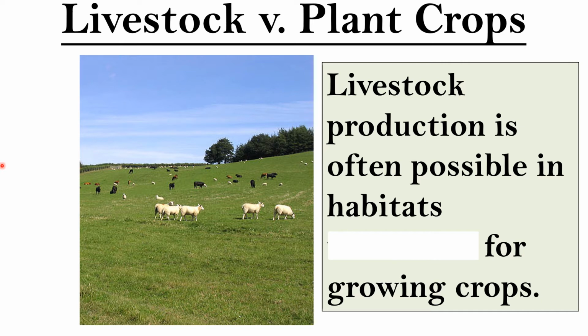So if the conditions aren't great for growing certain crops, then your alternative is to put livestock in the land because they don't need much, so livestock production is often possible in habitats unsuitable for growing crops. And you know yourself, a lot of the fruit and veg that you have in your kitchen, we can't grow them in this country, they have to be imported. So in some areas this would be an option. Instead of growing crops, just allow cattle, sheep to graze on it.